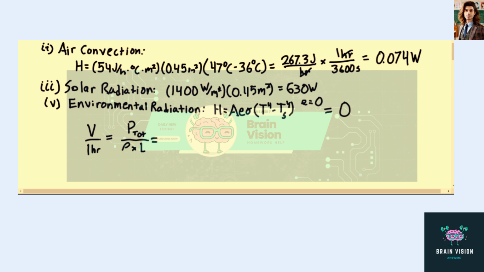So now what we're going to get for that will be 280 watts plus 0.074 watts plus 630 watts divided by 1,000 kilograms per cubic meter.